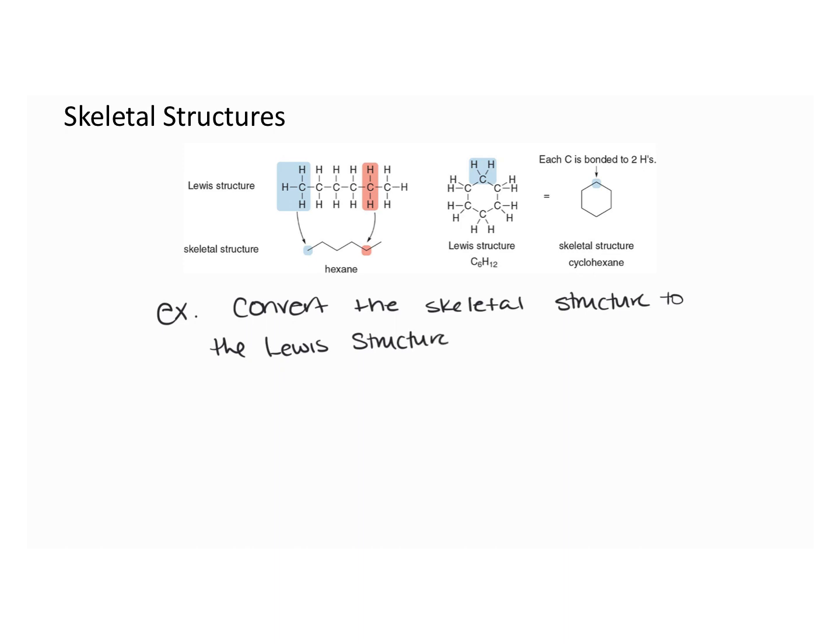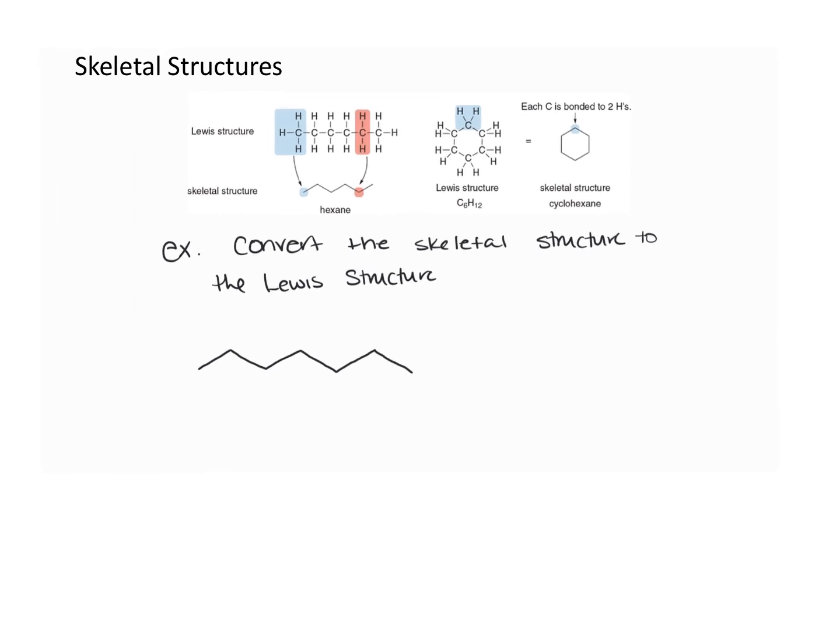Right? And so let's say that we have a skeletal structure that looks like this. Okay? Here is how I do this. I go in and I fill in my carbons first.